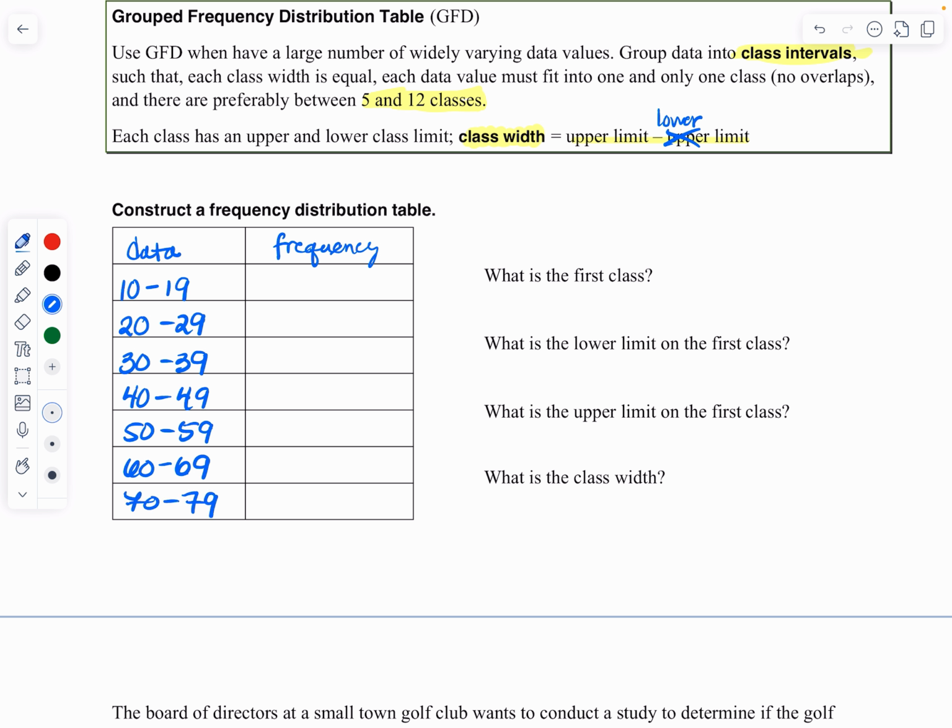Okay, so this is called the class width or class intervals. So the first class interval, for instance, is 10 through 19. This means people's ages. Notice there's no overlap to the next one. So I go 10 through 19, and then I go to 20.